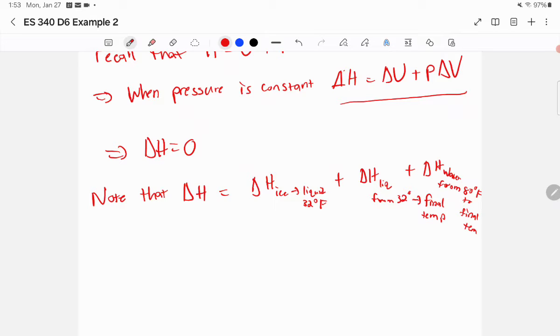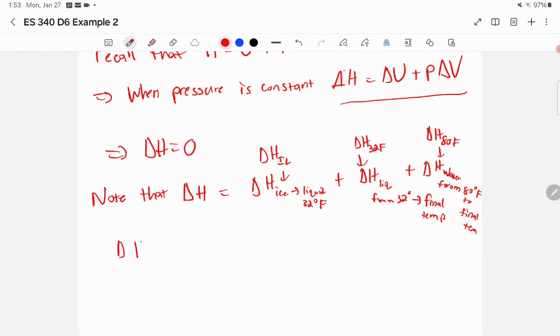So let's call this delta H_IL. Let's call this delta H_32F. And let's call this delta H_80F, just for notational purposes.